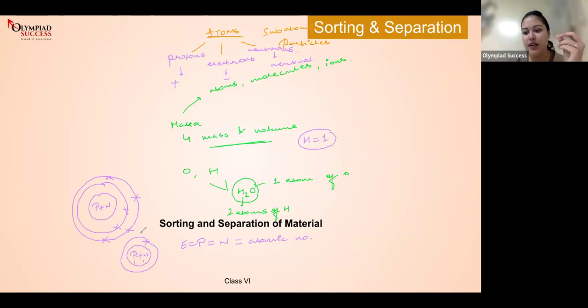To complete the orbit, the first orbit should have 2 electrons, and the rest of the other orbits, if there are more, should have 8. So this is your hydrogen atom. How many electrons are there in a hydrogen atom? In the first orbit, 1, right? How many does it need to complete its orbit? It's the first orbit only.